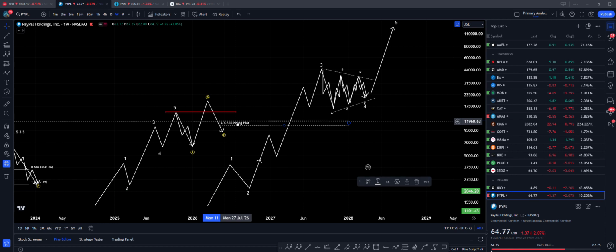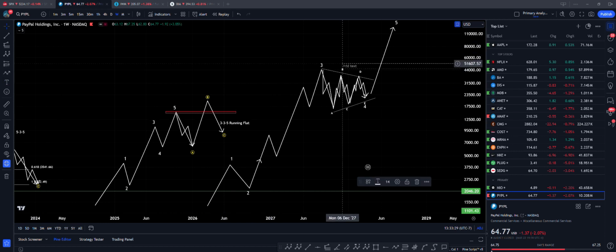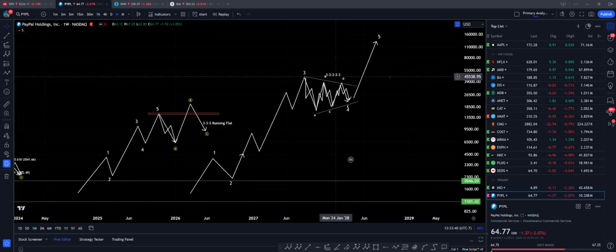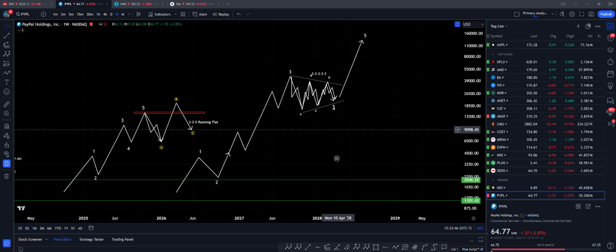The pattern itself is called a 3 3 3 3 3. It's the triangle because each leg is three waves within it, and then the breakout is basically your wave 5, right? So this was a third type of correction: zigzag, flats, triangle, right? Again, it can happen in wave 2 as well, but generally appears in wave 4.